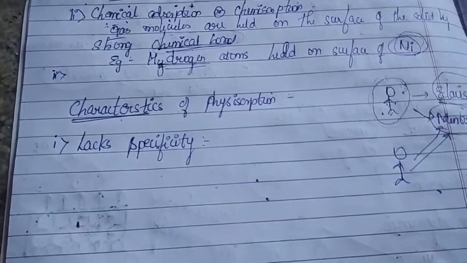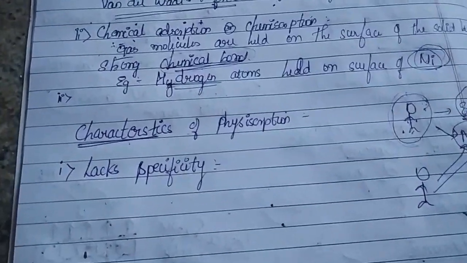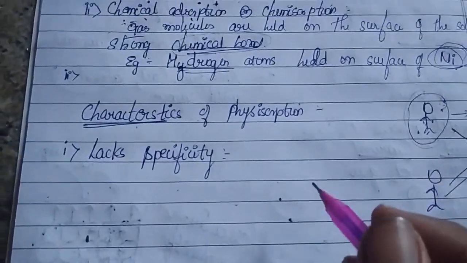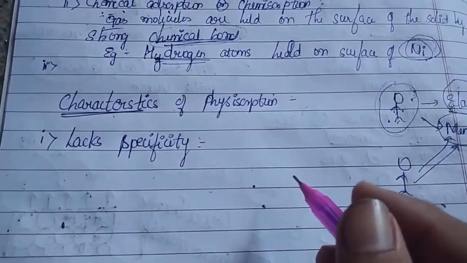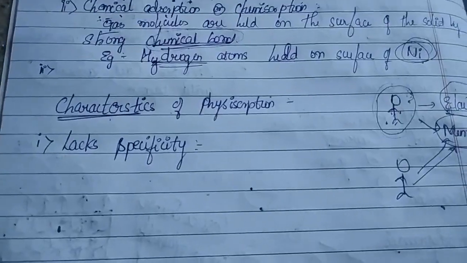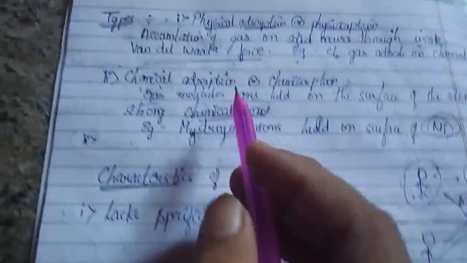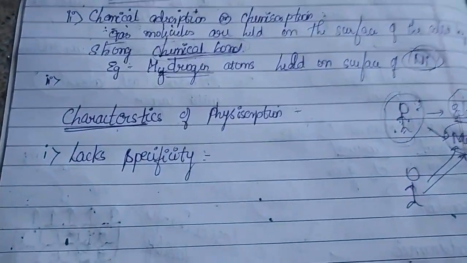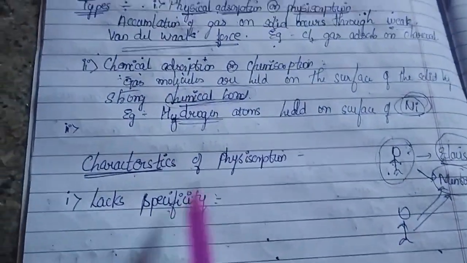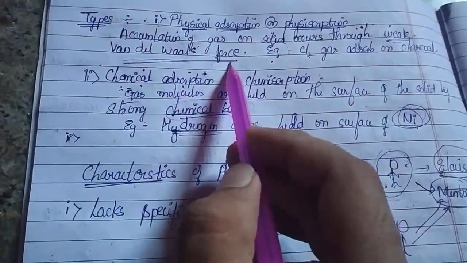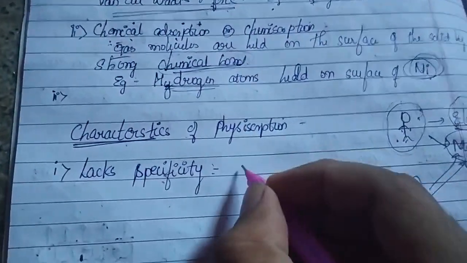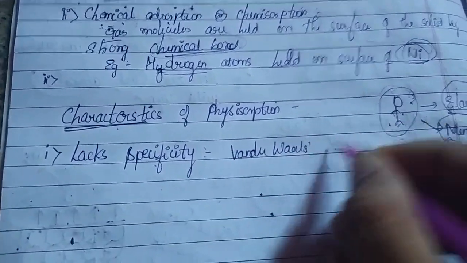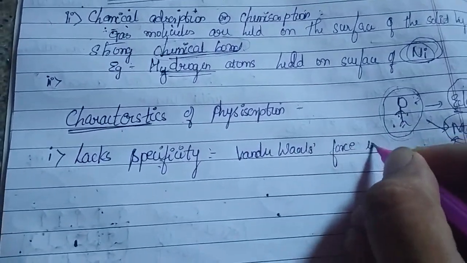In simple words, physical adsorption does not have any specificity. You can ask me, why sir? Because we have to understand what type of bond exists. Remember, van der Waals force is a universal force.